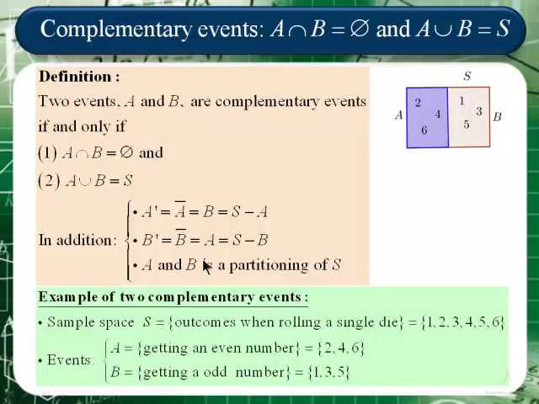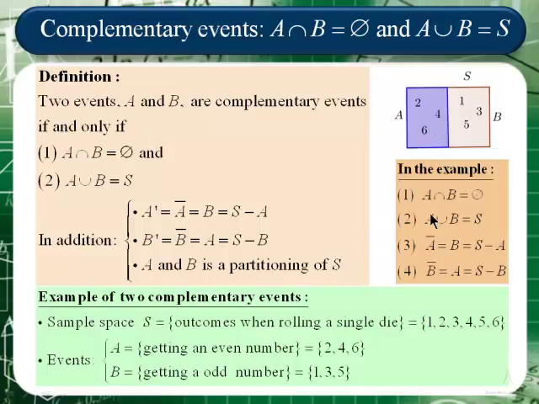We call A and B a partitioning of the sample space. So complementary events are really when the two events are actually a partitioning of the sample space. So in this particular example, if we just check, firstly, we see that the two events have an empty intersection and that the union is equal to the sample space.